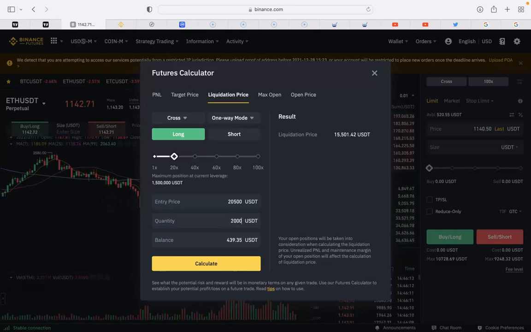Now, imagine if you increase this to 3,000. The higher you increase the risk amount, the greater the risk of liquidation. The lower the risk amount, the lower the risk of liquidation. So you can always calculate by inputting your entry and the quantity, and the broker will detect the balance and you can calculate your liquidation price.